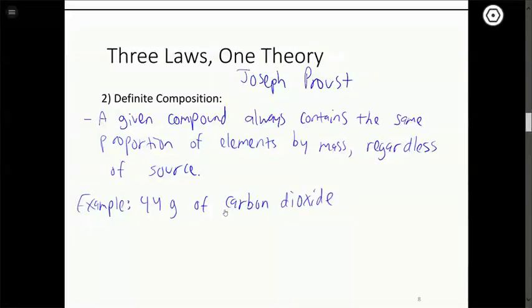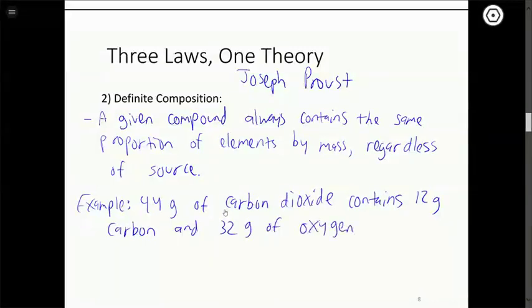If you analyze the sample, carbon dioxide is carbon and oxygen mixed together in the compound, and it will contain 12 grams of carbon and 32 grams of oxygen. Okay, conservation of mass is obeyed. 12 plus 32 is 44, and this will be the ratio of those two, in this case the absolute amounts of carbon and oxygen that make up that sample.